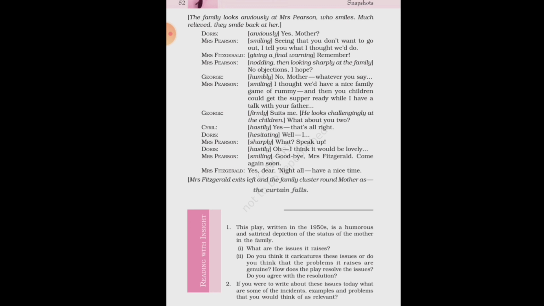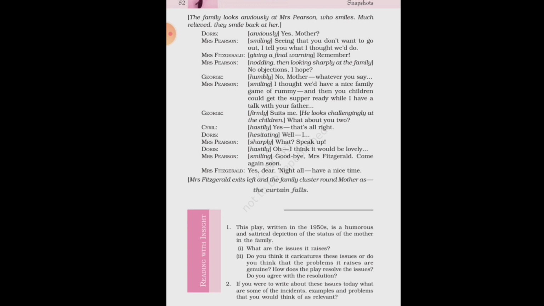What about you two? Cyril, hastily: Yes, that's all right. Doris, hesitatingly: Well... Mrs. Pearson, sharply: What? Speak up. Doris, hastily: Oh, I think it would be lovely. Mrs. Pearson, smilingly: Goodbye, Mrs. Fitzgerald, come again soon. Mrs. Fitzgerald: Yes, dear, night all. Have a nice time. Mrs. Fitzgerald exits left and the family cluster around mother as the curtain falls.